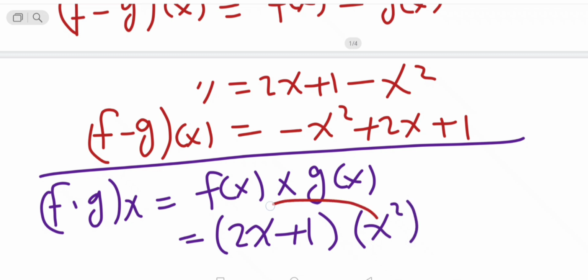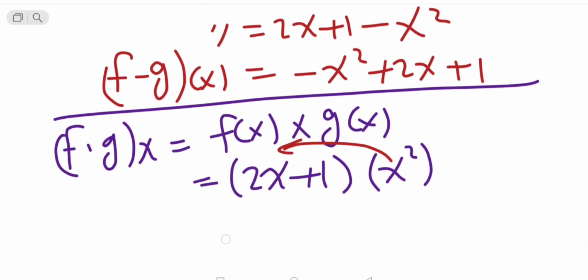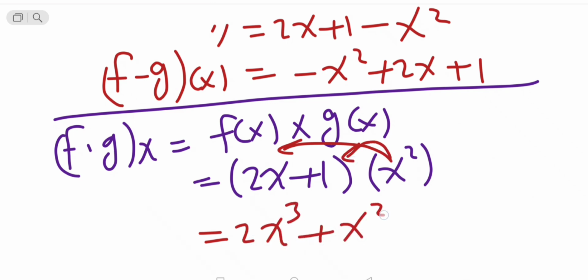So x square is multiplying with 2x, which equals 2x cube, then x square multiply 1, which equals x square. So both are unlike terms, so this is our answer, f dot g of x. I hope you understand and it is clear.